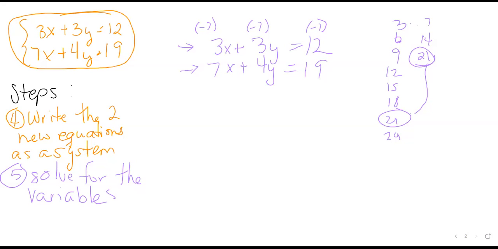So what do I need to multiply to get to 21? 3. So everything in the second equation gets multiplied by 3. So now I'm going to change the color. So it's going to become a negative 21x plus, or no, minus 21y equals, and what's 7 times 12?